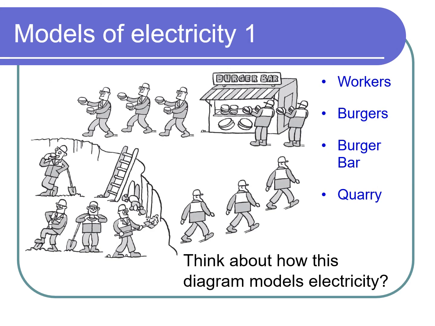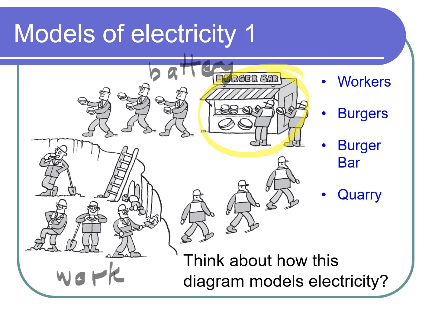We've got models of electricity here. These are quite fun. So, different ways of thinking about electricity. We've got a burger bar. We've got some men walking. They're doing some work down here. The burger bar is like the battery. That's where they get their energy from.